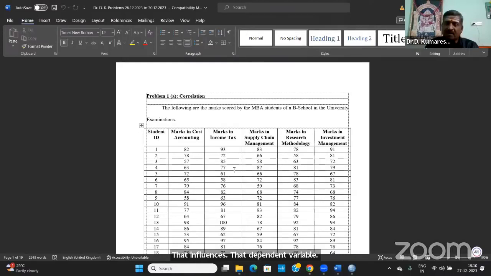Now, for example, marks obtained by students are given. This is considered the dependent variable.